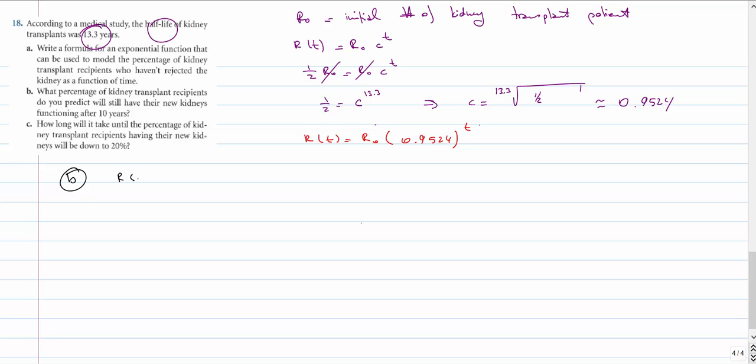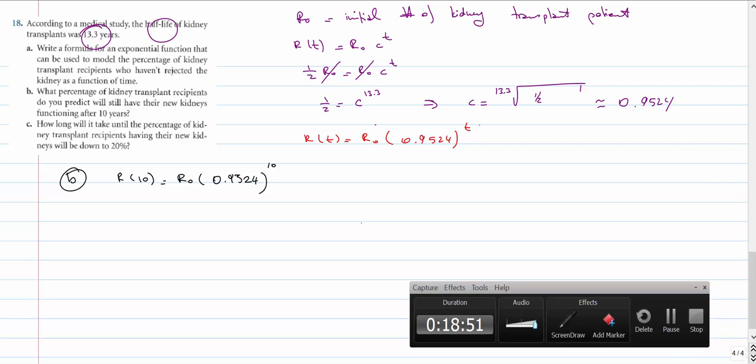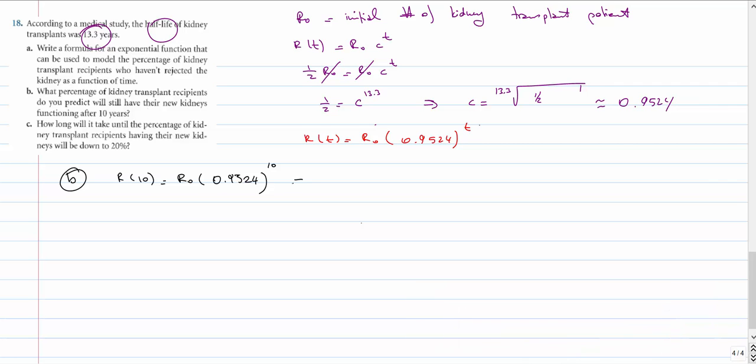So R of 10 is equal to R sub 0 times 0.9524 to the power 10, and this calculation is approximately 0.6140 R sub 0.